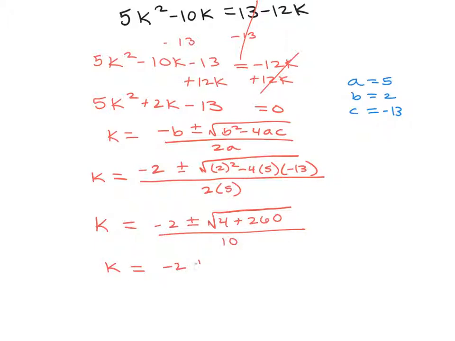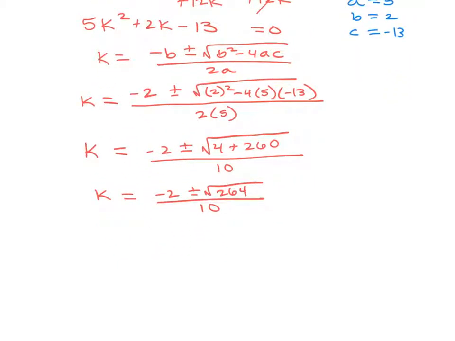So that gives me the square root of 264, all divided by 10. And keep in mind that we can't divide these out and simplify them unless we're also going to do these. And we can't do these because this one's inside and this is outside. So we're pretty much locked in right now unless we can simplify 264.